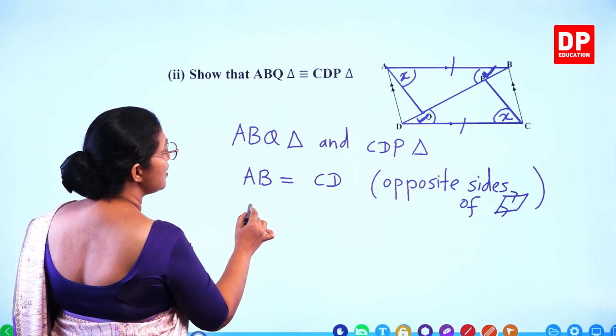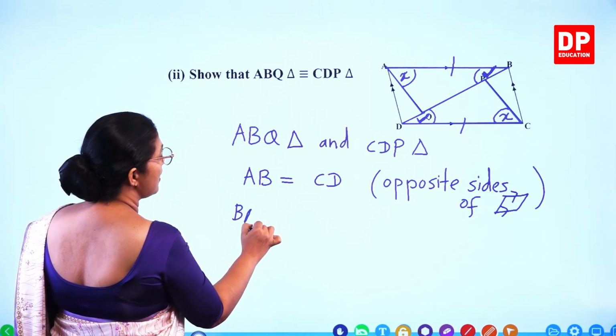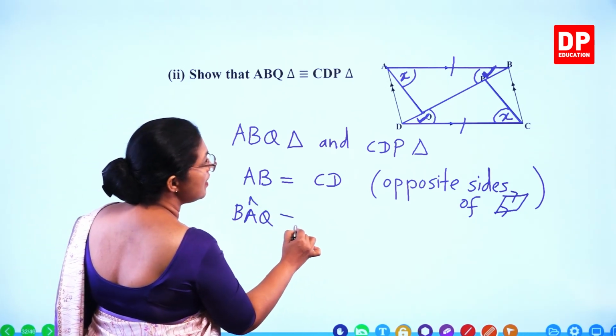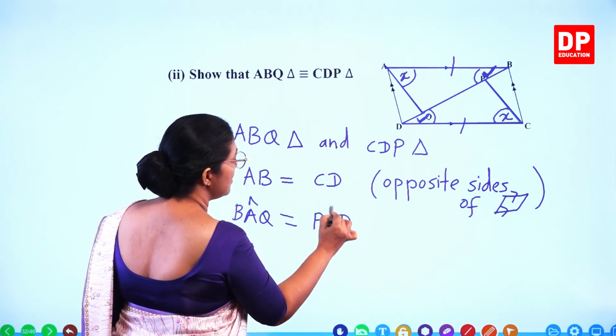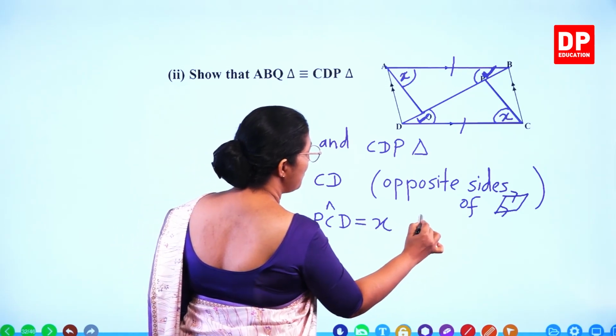Then I can write angle BAQ is equal to angle PCD, that's X. We proved that before.